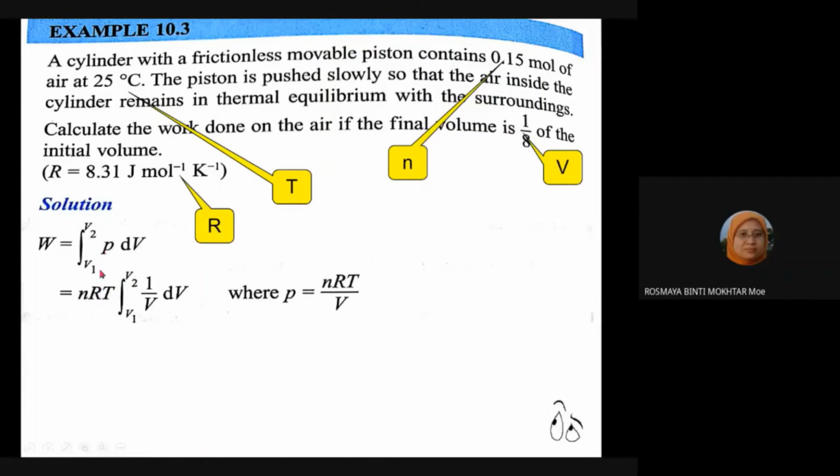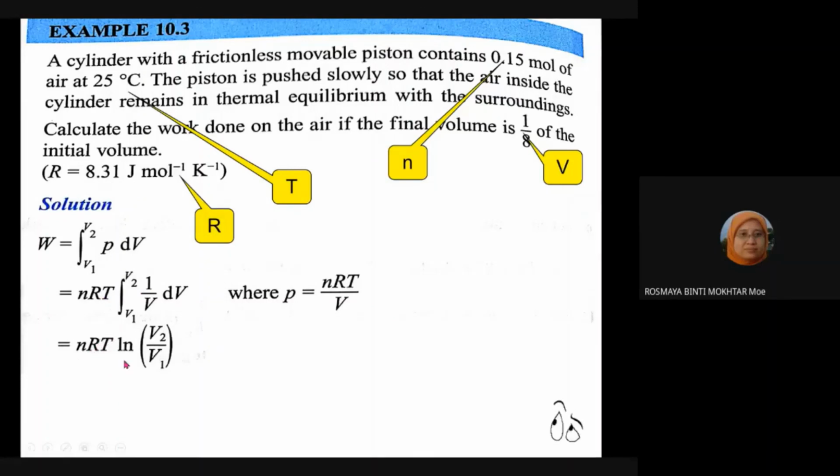So we bring nRT to the front, leaving 1 per V. Integrating 1 per V becomes ln, so I skip one step just now and straight away use ln V2 per V1. The K is actually nRT. From the previous example we used just K generally, but the K is actually nRT.